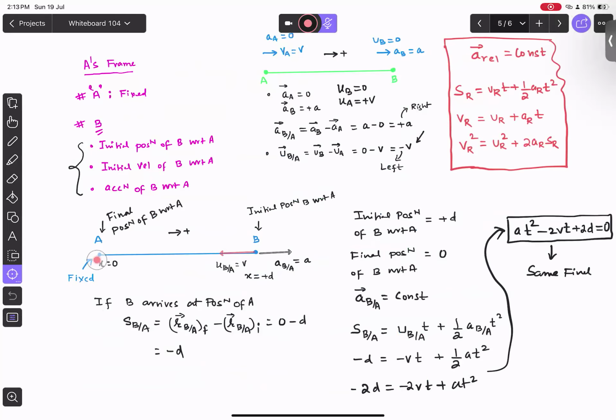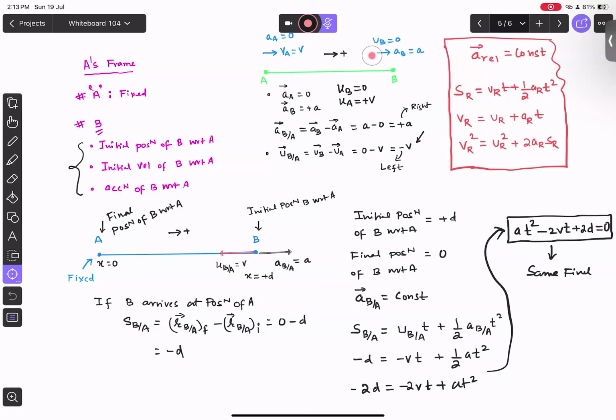So we are sitting in the frame of A, again the same thing, and we are observing B. So literally what I think: A fixed, B only moving, but B will be considered moving with relative things. So I have to find its initial relative velocity. In 1D motion, I use plus and minus for directions. I considered rightward as positive.